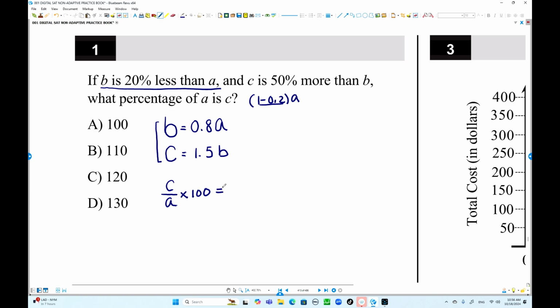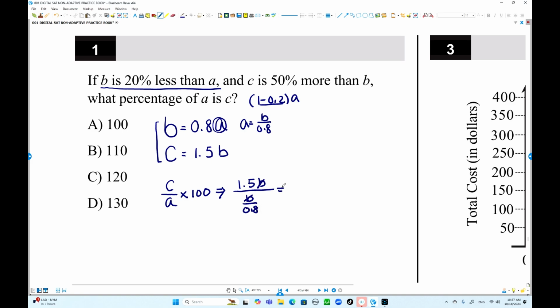You can see that C equals 1.5 B. A is over here, you can express A: A equals B over 0.8. So write down B over 0.8. But B is cancelled out.